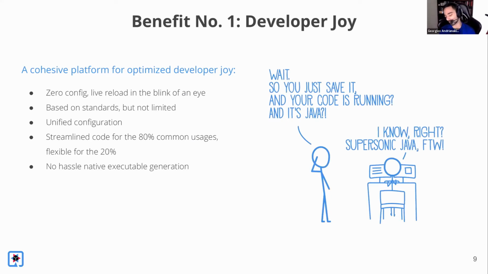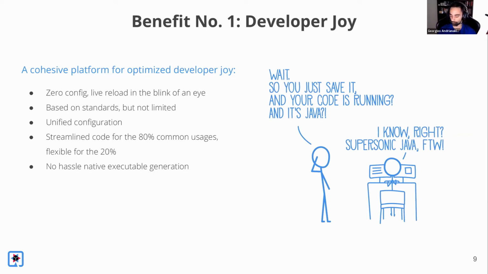Okay, so we talked a little about why Quarkus exists, why we thought that in the times we live in, where everything is microservices and cloud native, we really needed a shift, something different.